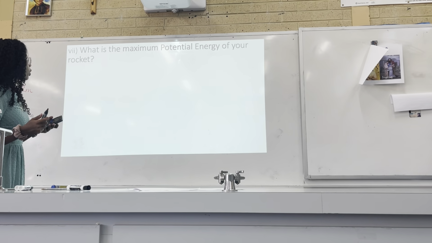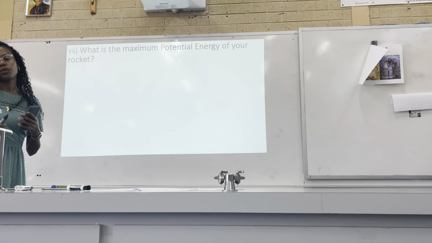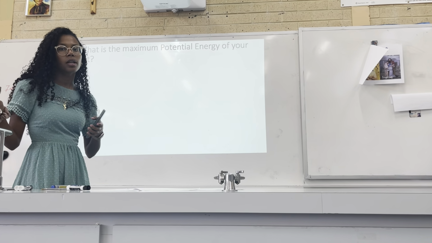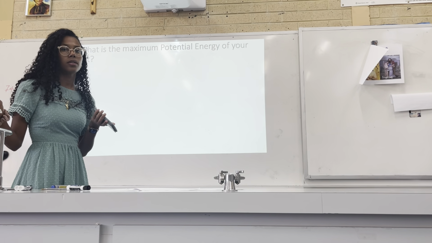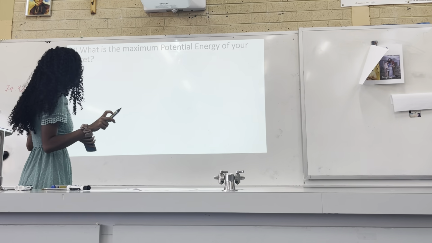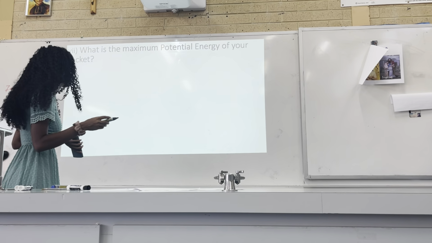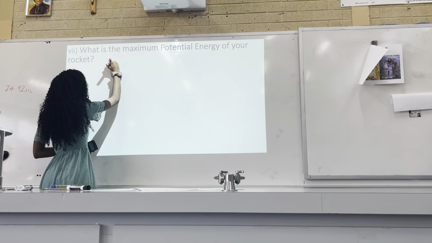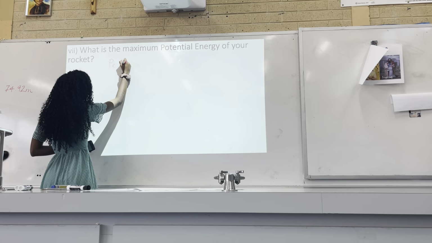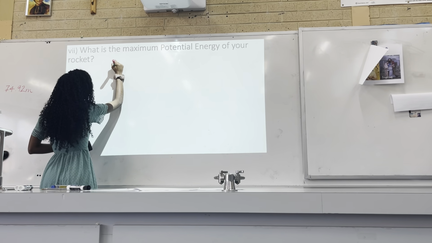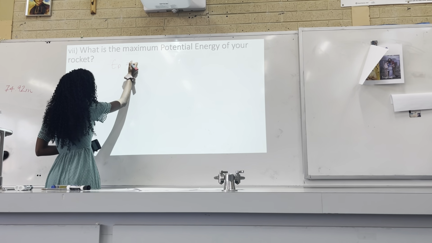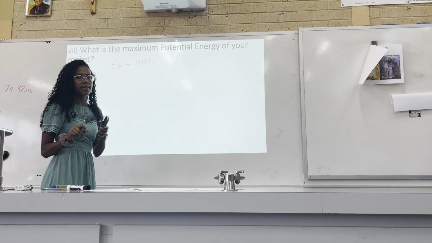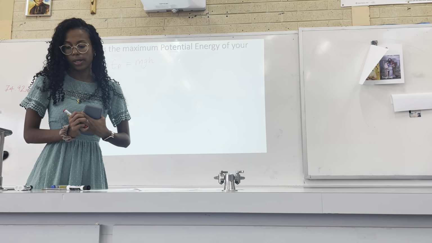It asks us, what is the maximum potential energy of your rocket? And we did potential energy at the same time as we did kinetic energy, and we said potential energy is the energy that is stored. All right, and the equation that we use to discuss potential energy is PE, or EP, is equal to mgh, and that's the equation we use to work out potential energy.